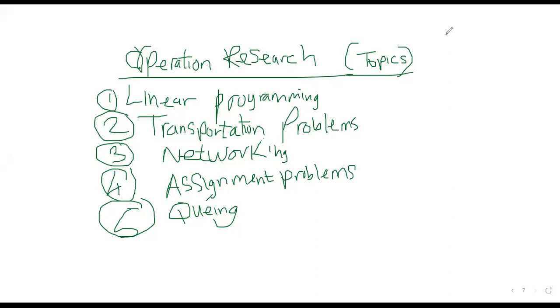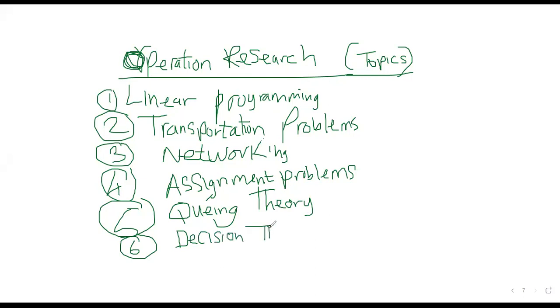All right, then. So operational research, these are the topics that are found in operational research. We have these 6, okay, of course there are 7 topics. So we have decision theory. We have this other one.